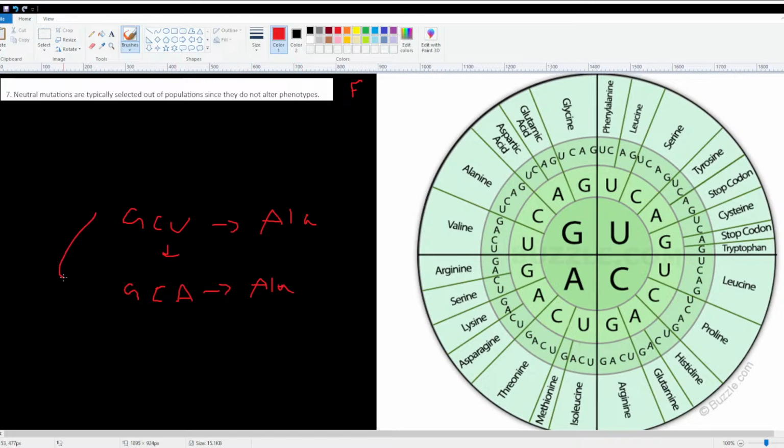So basically, this redundancy is typically used to catch some of these neutral mutations, because any sort of mutation just happens spontaneously, whether it be good or bad, or in this case neutral, right? So there's nothing changing about the actual phenotype. We have still the same amino acid, so nothing's actually being changed. So why is this important?